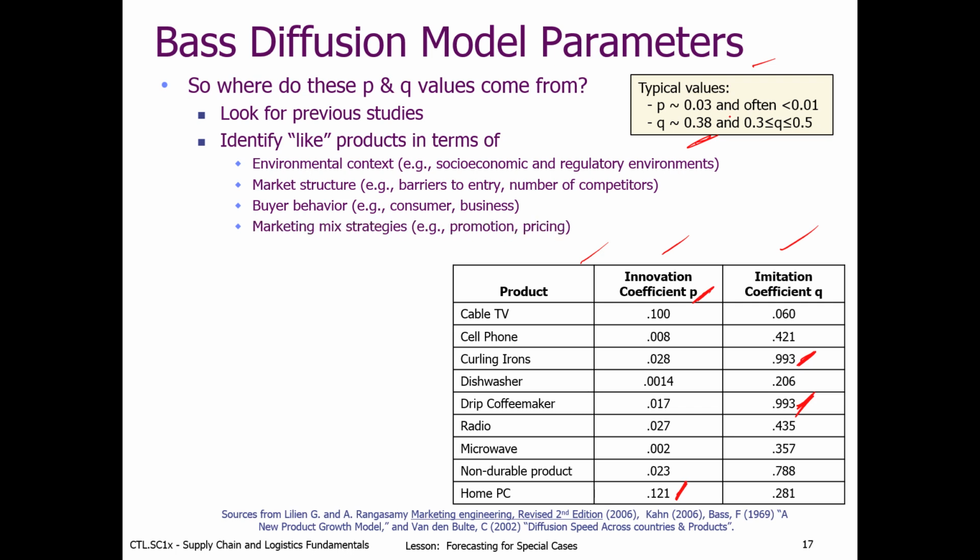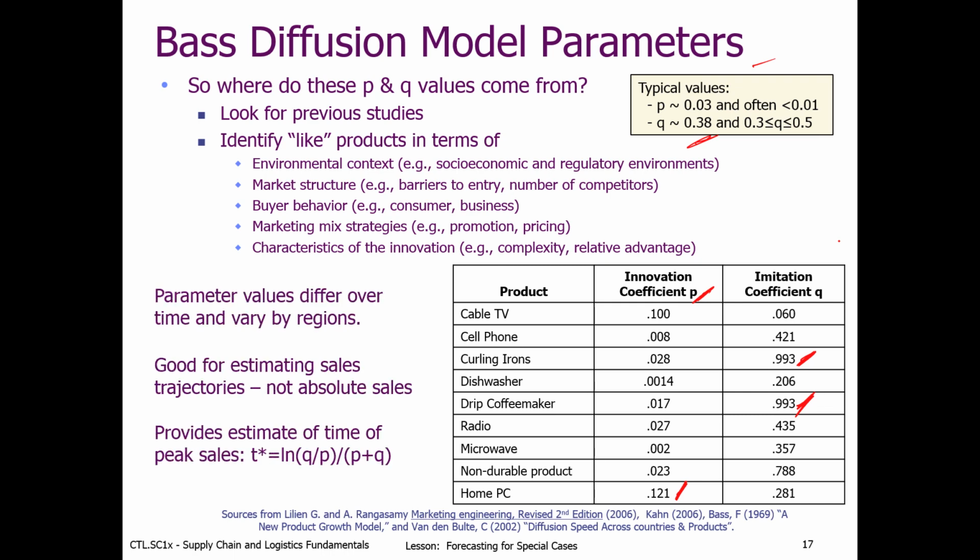The marketing mix: do I have promotions? How is my pricing set? And then the characteristics of the innovation itself, the complexity of it, the relative advantage over competing products. So the idea is you want to find a product that's similar to the one that you're going to launch.